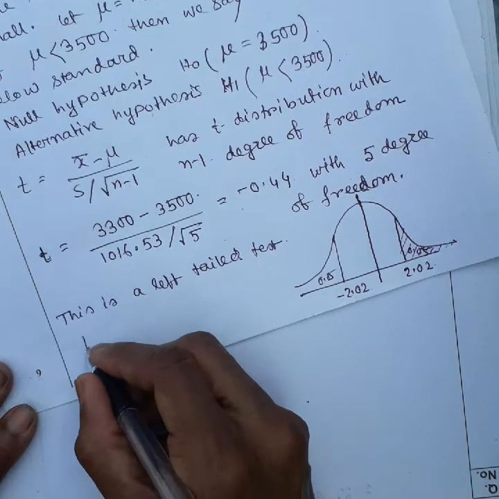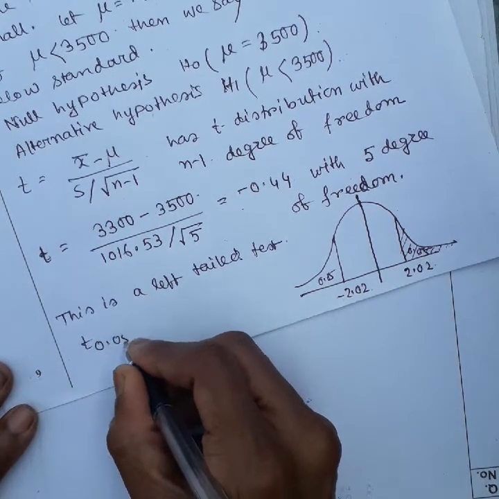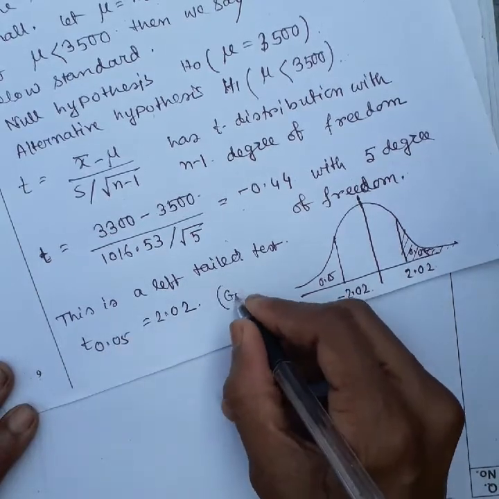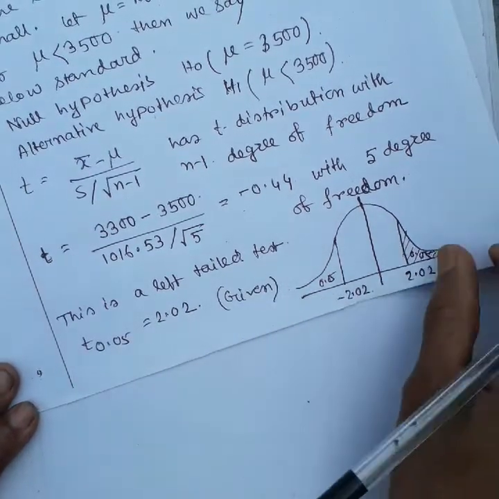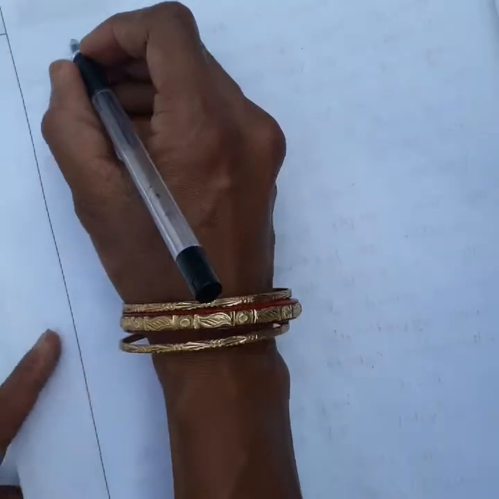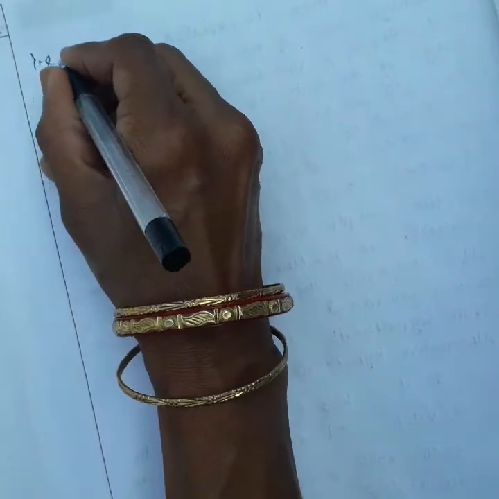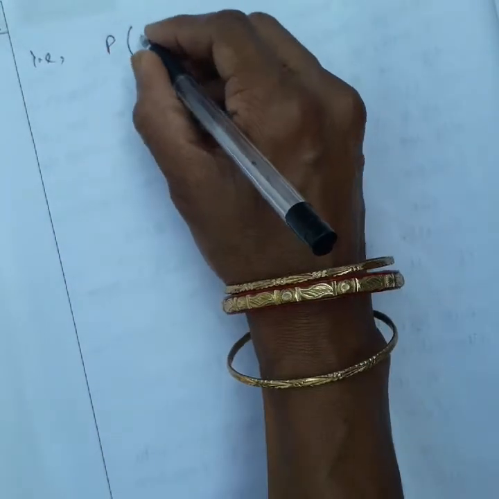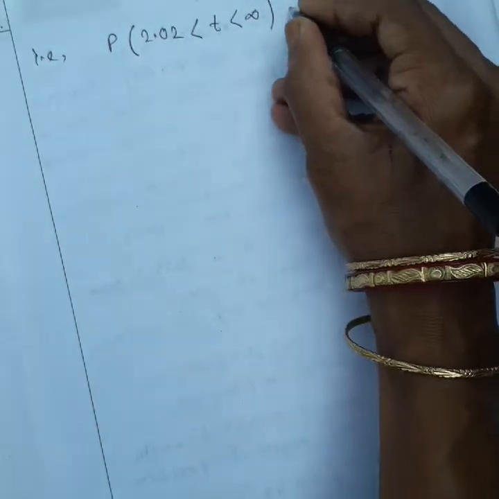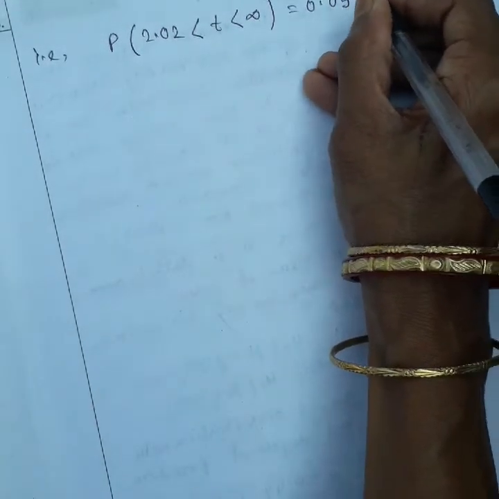And we are given t of 0.05 is equal to 2.02. This is given. That means the probability of 2.02 less than t less than infinity is equal to 0.05.